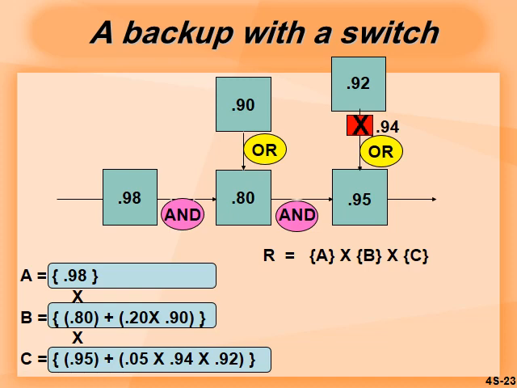This means that we will multiply failure of the original 0.05 times success of the switch 0.94 times success of the backup 0.92.